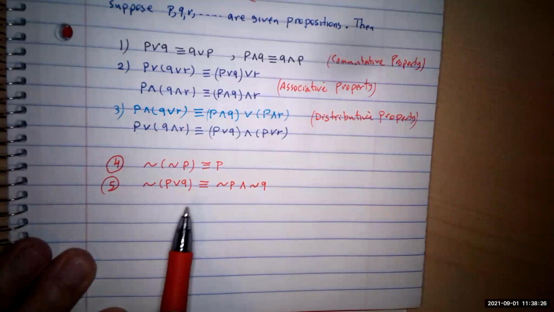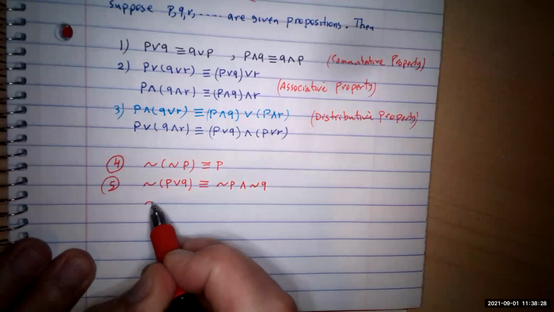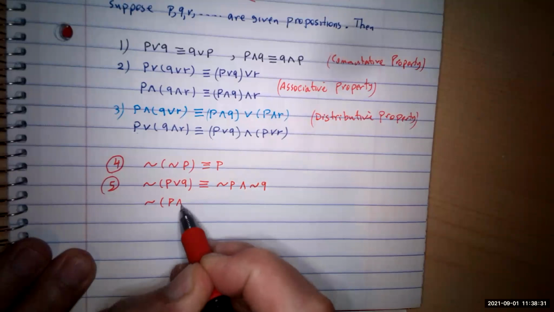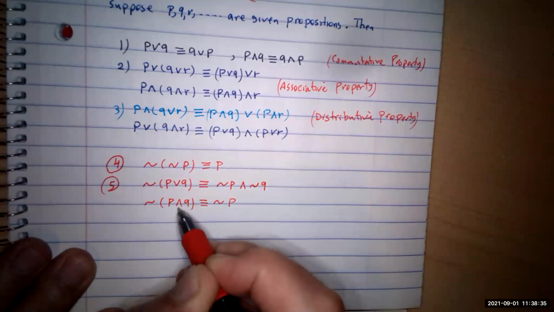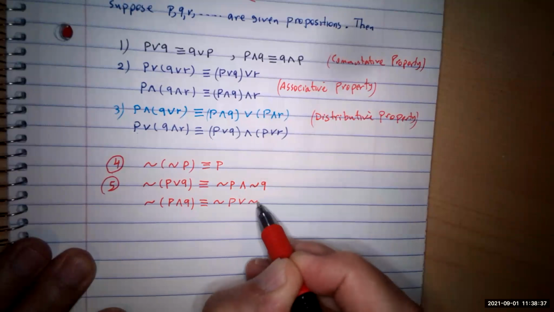So the dual of this is that the negation of P and Q is going to be the same as the negation of P or the negation of Q.